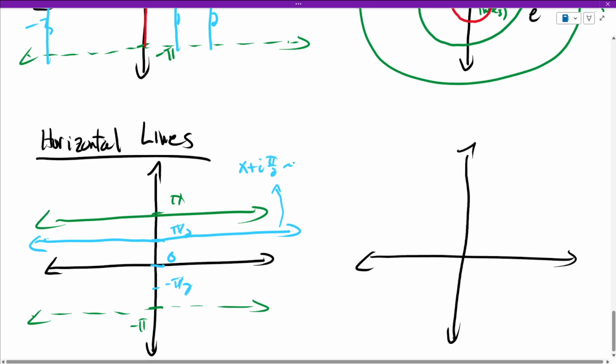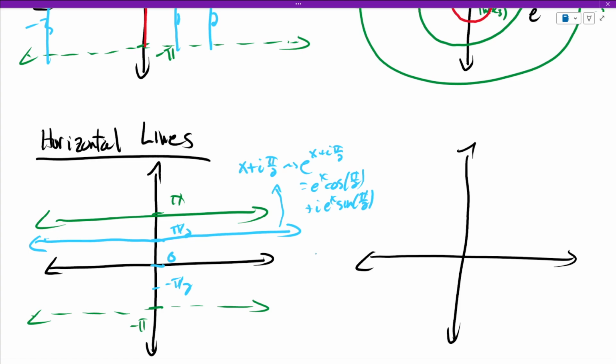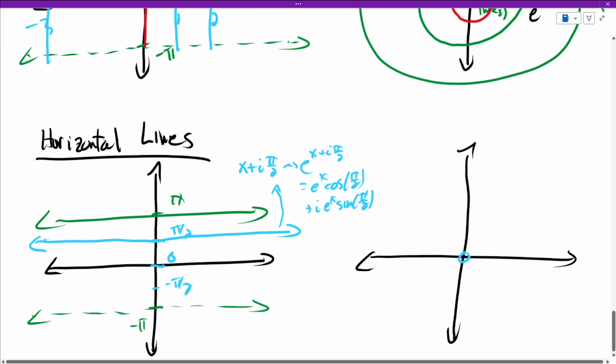So when we exponentiate this, we get e to the x plus i pi halves, which is e to the x cosine pi halves plus i e to the x sine pi halves. Cosine pi halves, sine pi halves, that tells us that we're going to have an argument of pi halves. And it tells us also, since we have an e to the x there, we trace out everything with an argument of pi halves. We're never going to get 0, of course, but that is going to go to this ray.